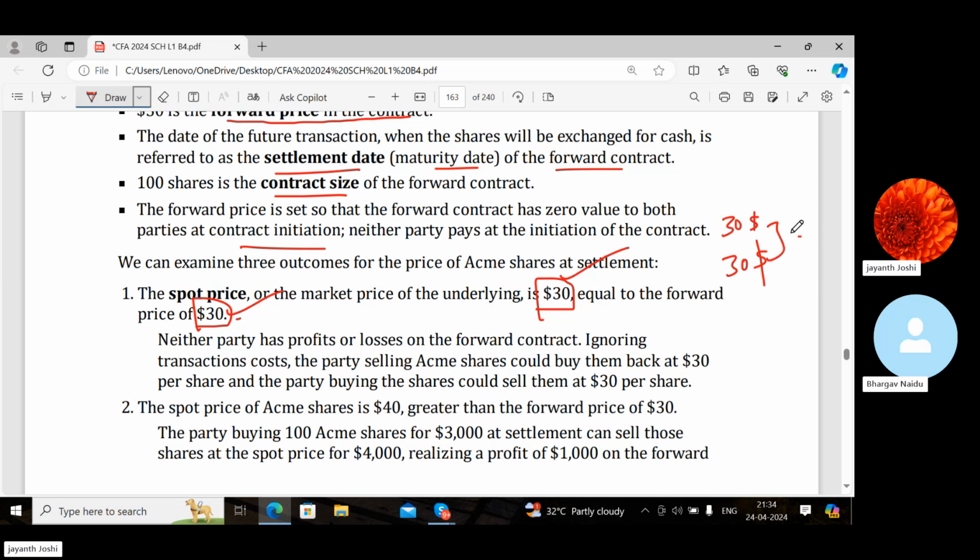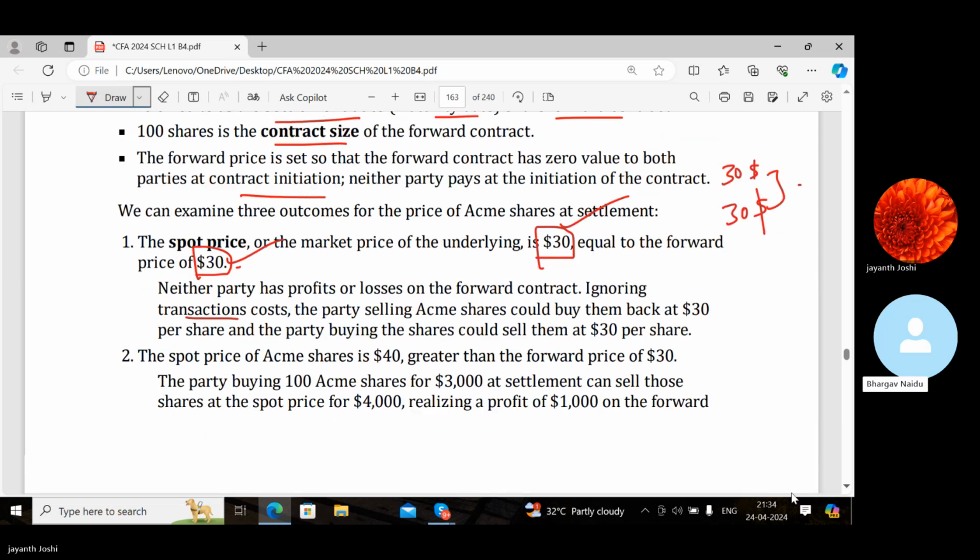Are you going to make any profit or loss out of it? Nothing, right? Now, there is no transaction cost as of now. So neither party has profit or loss on the forward contract. Ignoring transaction cost, the party selling Acme shares could buy them back at 30 per share, and the party buying the shares could sell them at 30.